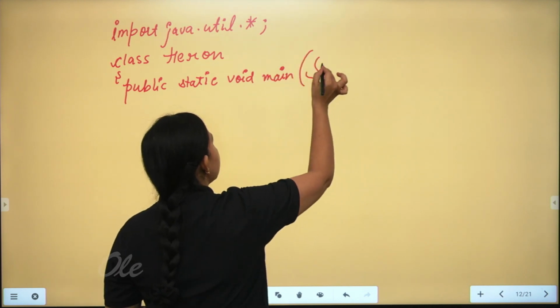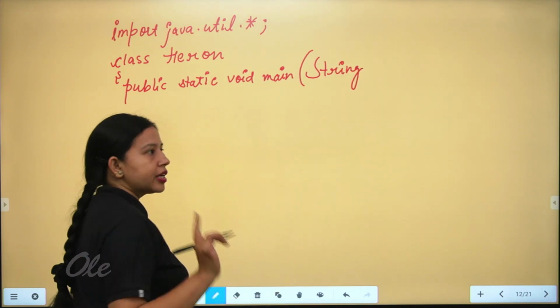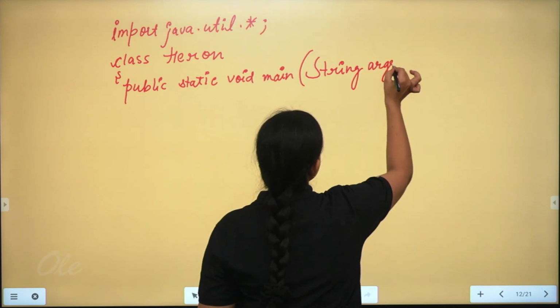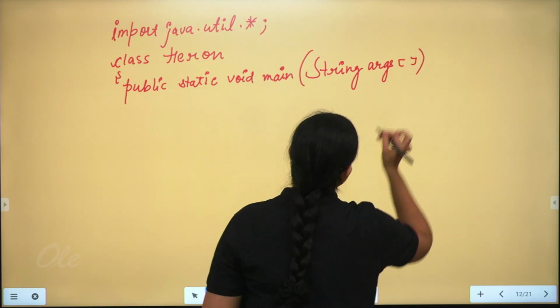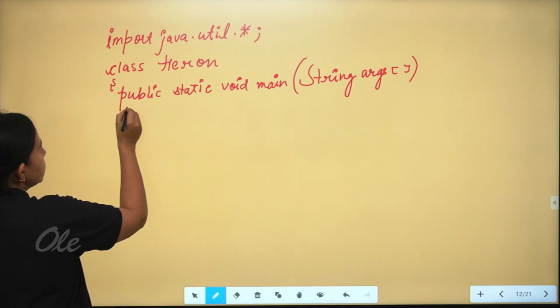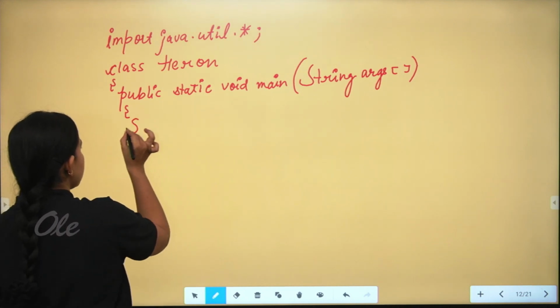After that, we'll pass the argument as a String inside. Always remember the S in String is capital. I'm emphasizing this because students generally make this mistake. And this is the array bracket. After that, we open the scope of the method and then we create the Scanner class object.